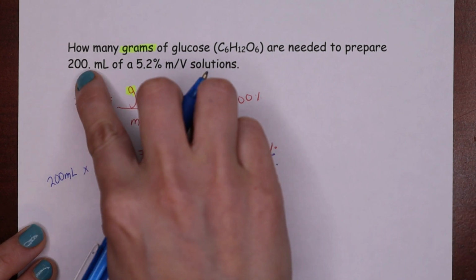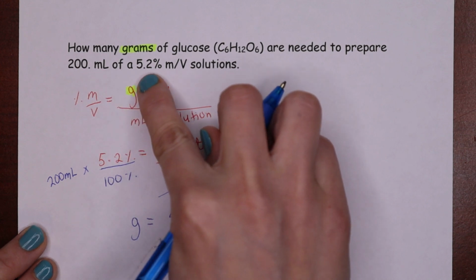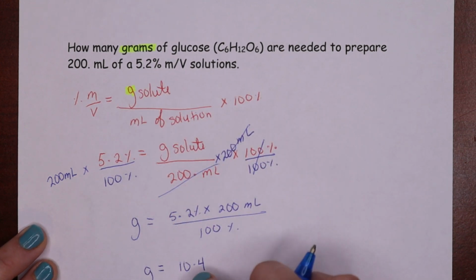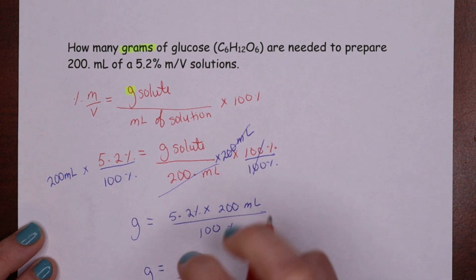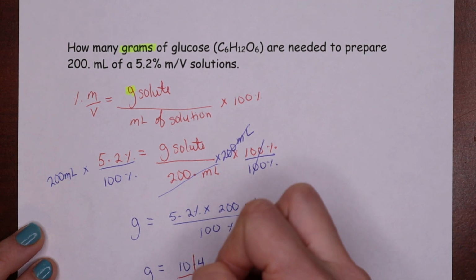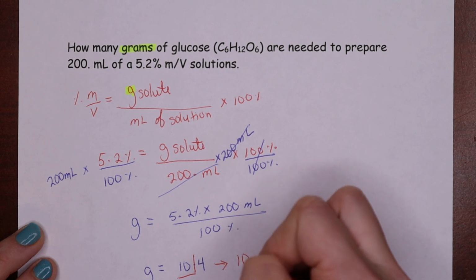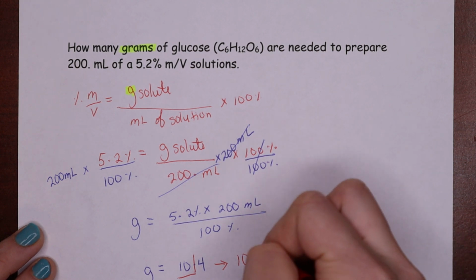We have 3 sig figs there, 2 sig figs here, so that means that my final answer should have 2 significant figures. So we're going to stop right here. Look whether or not you have to round. We do not. So my final answer will be 10 decimal, right? Because without that decimal, it wouldn't be 2 sig figs, and your units.